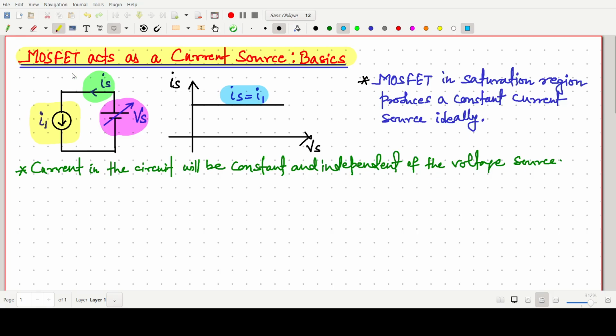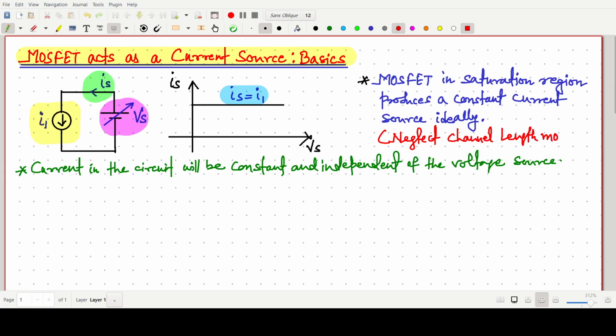So in the very first we told that the MOSFET acts as a current source. So a simple MOSFET in saturation region works as a constant current source ideally. I have written ideally, which means we have to neglect channel length modulation.